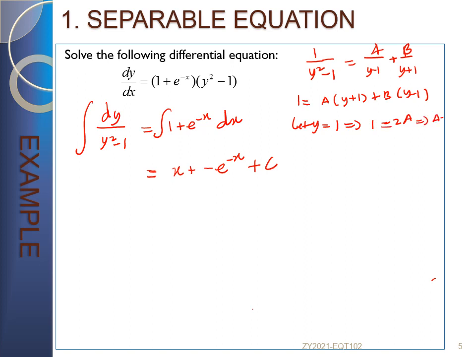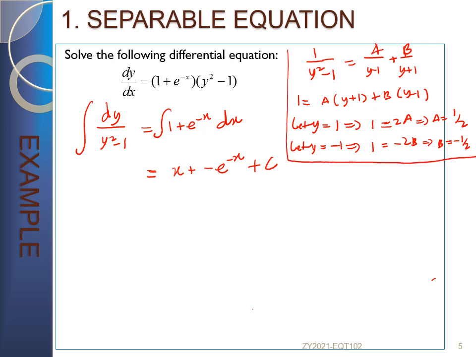So A must be equal to 1 over 2. Okay, when we let y equal negative 1, A will be 0, so negative 2B is equal to 1, so B must equal negative 1 over 2. Okay, so this is the partial fraction.